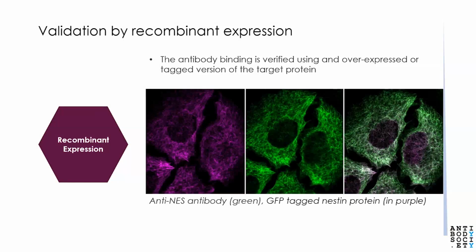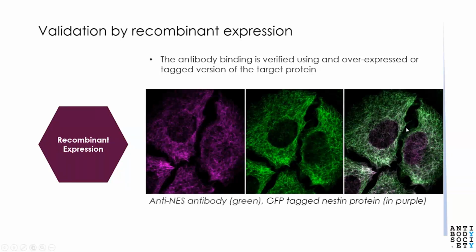Another technique for validating antibodies is validation by recombinant expression. In this technique, antibody binding is verified by using an overexpressed protein or a tagged version of the targeted protein. For example, in these images, we have an anti-nestin antibody, highlighted in green in the center panel, and a GFP-tagged nestin protein in the left panel, represented by the purple color.